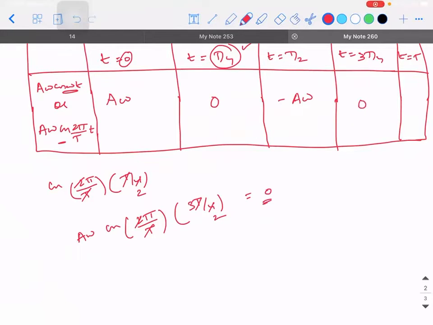So 0. At t = capital T, what will happen? Again, it will become Aω, meaning the cycle will repeat itself.